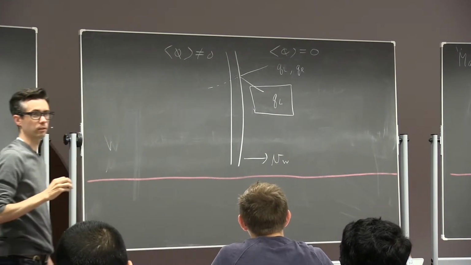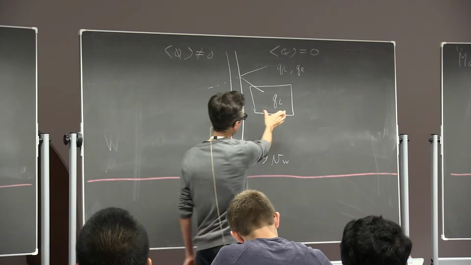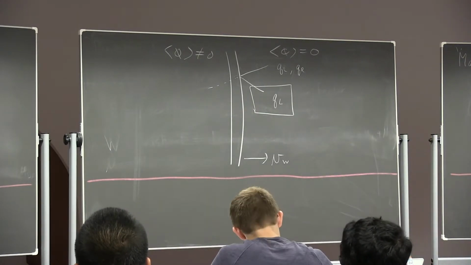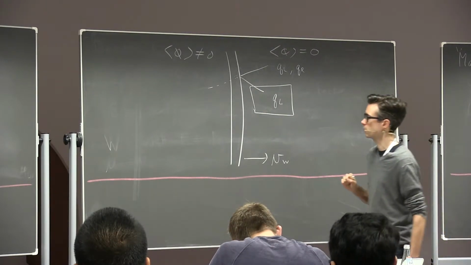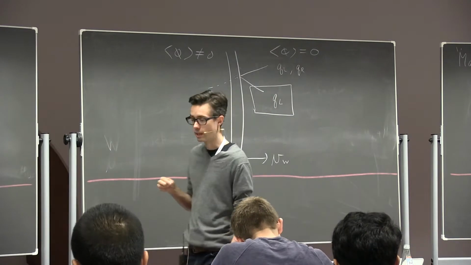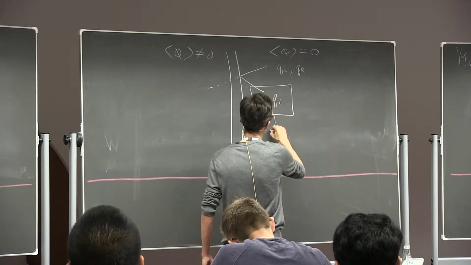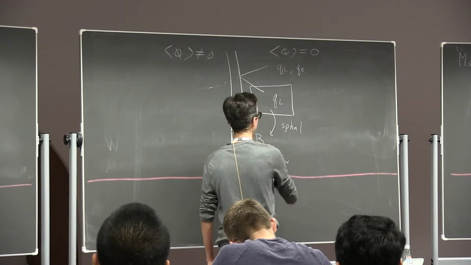Now, if I make a net left-handed number asymmetry, remember that my electroweak sphalerons act on left-handed states. So my left-handed asymmetry is going to bias sphalerons to make more baryons than antibaryons. So I've got my left-handed stuff, and my sphalerons come along, and they turn this into a baryon charge.